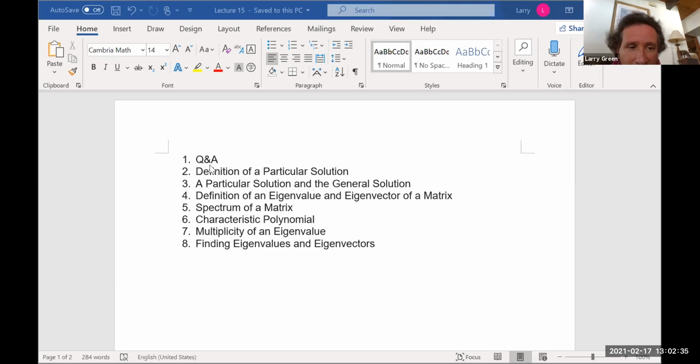Okay, and we have two sections actually, and I want to mention something. The particular solution is 5.9. And then we move to 7.1. So I'm skipping chapter 6, not because it's not important, but because you're supposed to already know chapter 6. And chapter 6 is about complex numbers. And hopefully you know what a complex number is.